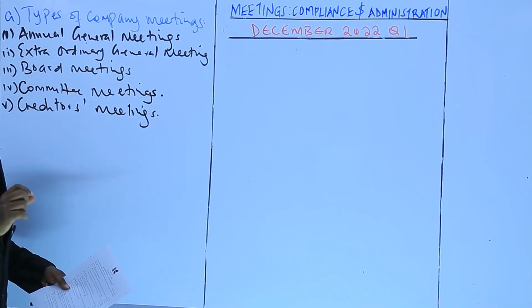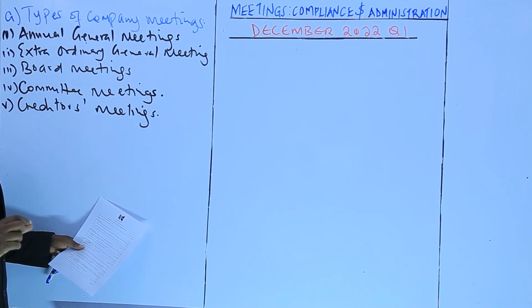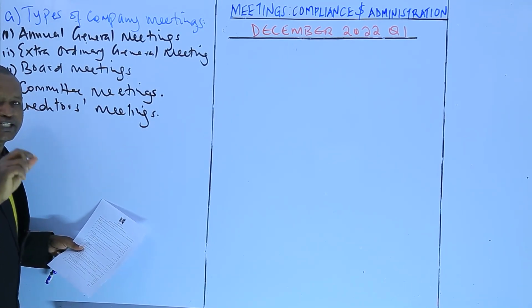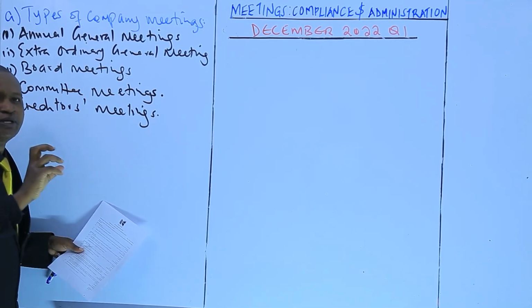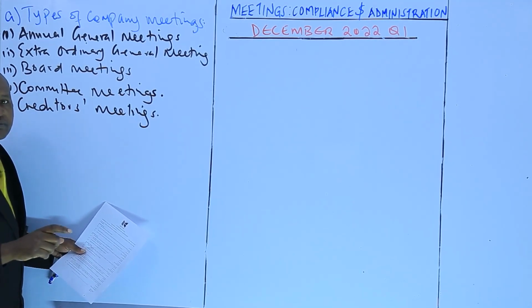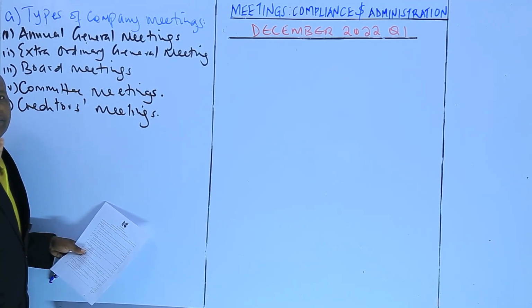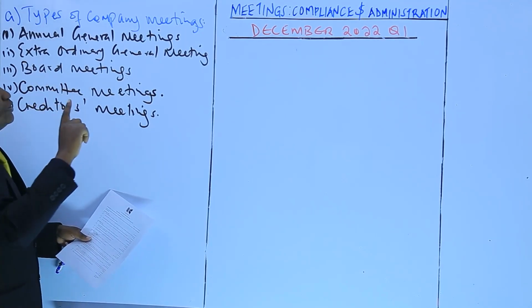The annual general meeting is a statutory meeting. It is a statutory meeting held once a year where shareholders gather to discuss company matters, including the approval of financial statements, the election of directors, the appointment of auditors, and any other significant business. That is what may take place during the annual general meeting.